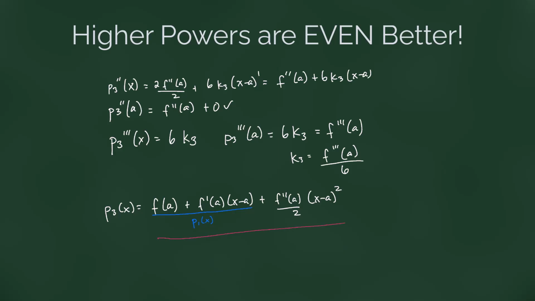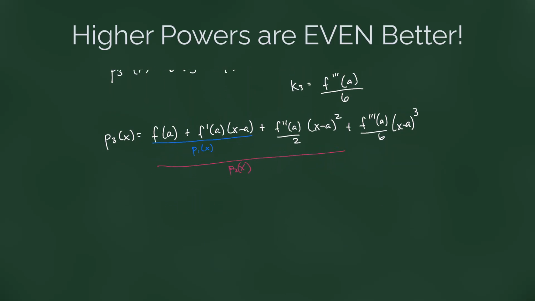This piece is p2 of x, plus our new term here, which is f triple prime of a over 6 times x minus a to the third. Now we can start to see a pattern emerging.